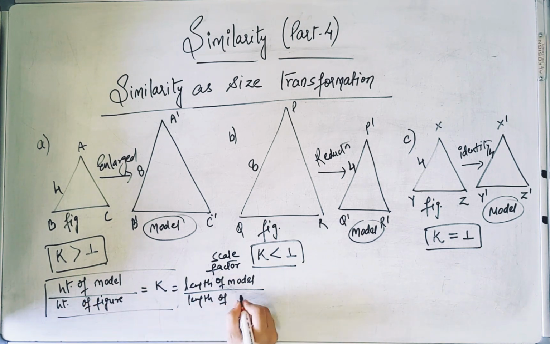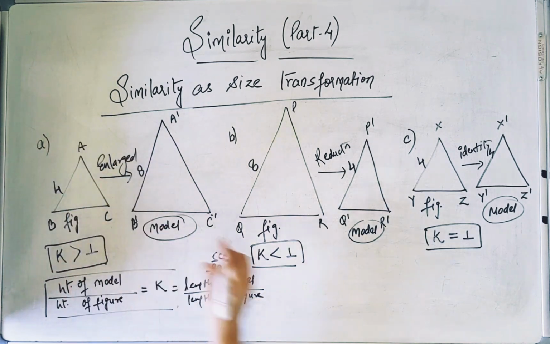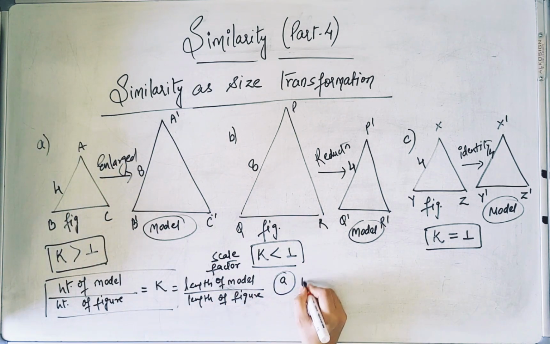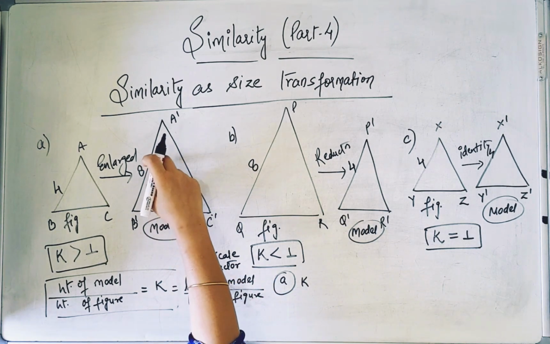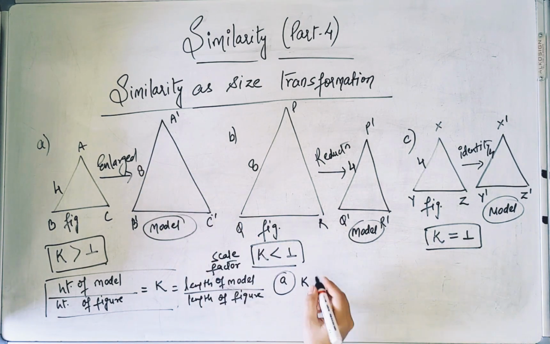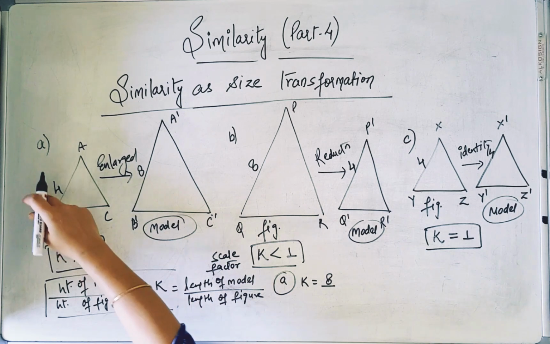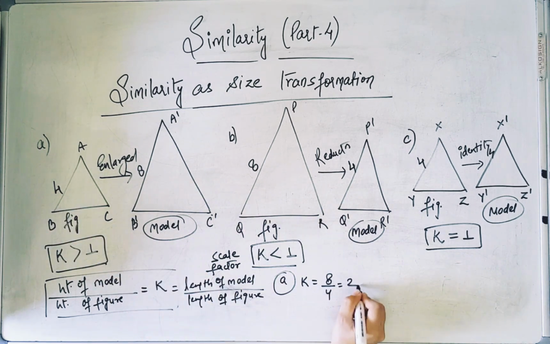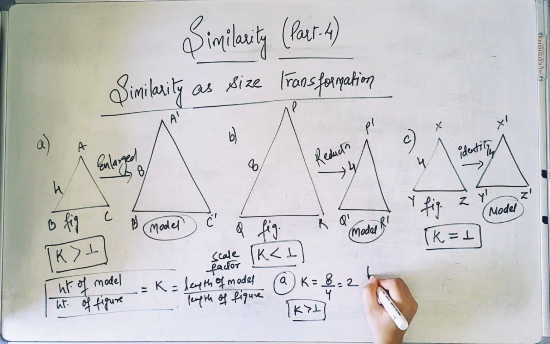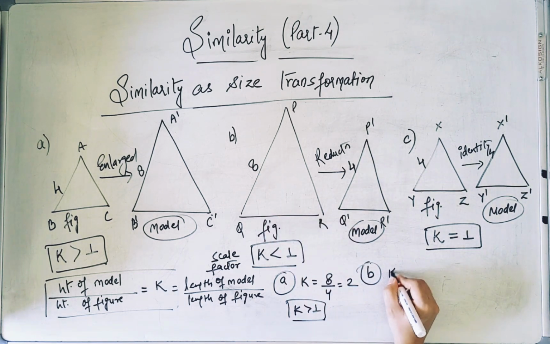We can write length of model, or we can say breadth of model, or we can say height, which we have already seen. Now if we look at the first figure, for the first figure k is what? Length of model upon length of figure. What is the length of the model? 8 by 4, thus it is 2. That means k is greater than 1, so the figure is enlarged. If we look at the second figure, what is k?